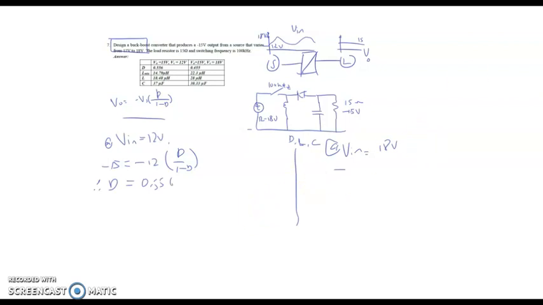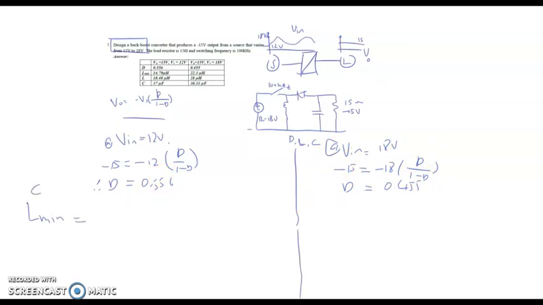Meanwhile at input of 18 volt, we calculate and find out the D: V out equal to negative 15 equal to negative 18 times D divided by 1 minus D. So D is 0.455. So for 12 volt it is 0.556, and for 18 volt it will reduce to 0.455.